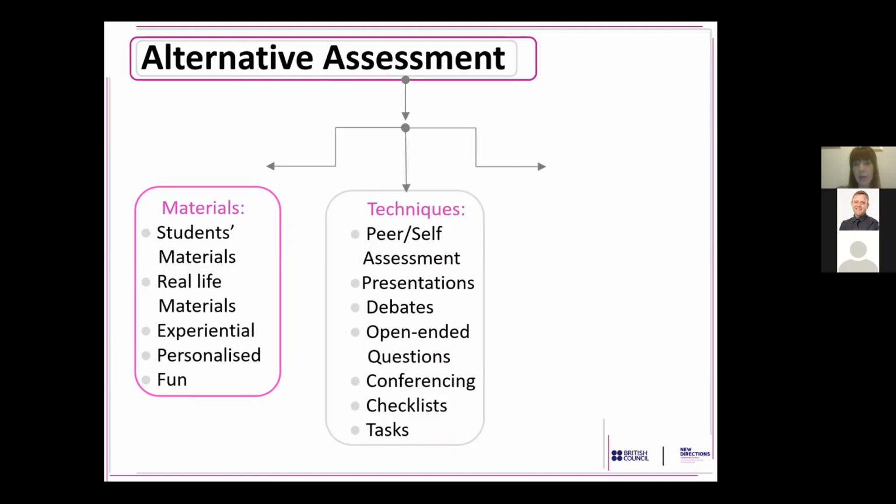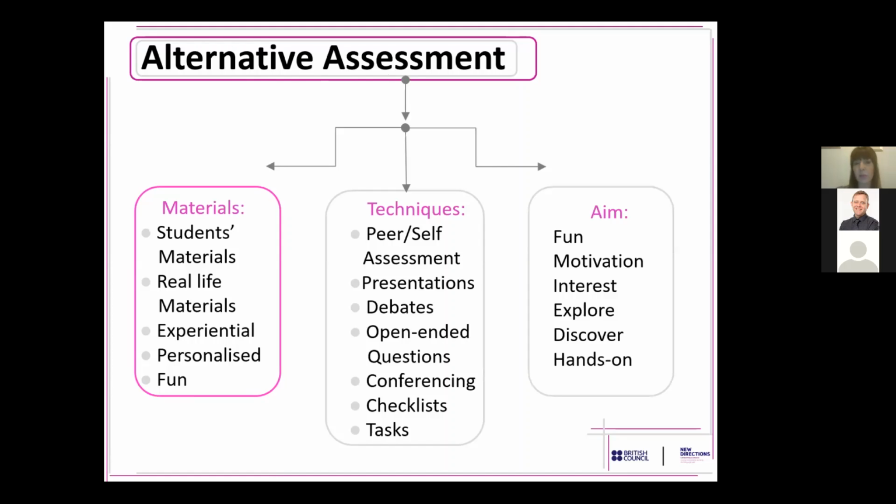Another aspect of alternative assessment that we need to think of is the aim. So what we want to do with it. Of course, the first aim of assessment is to evaluate, for teachers to understand if students have understood the lesson, if they have learned it.